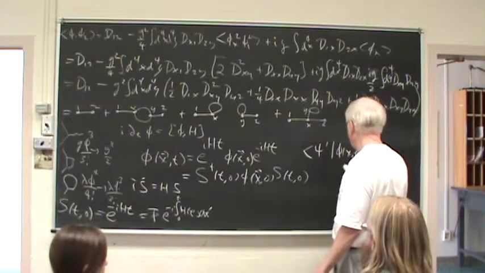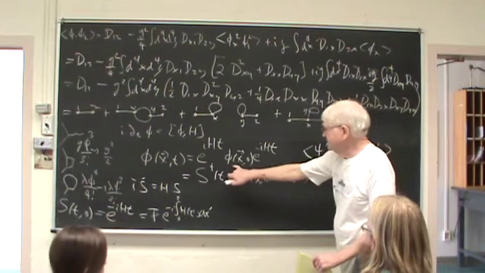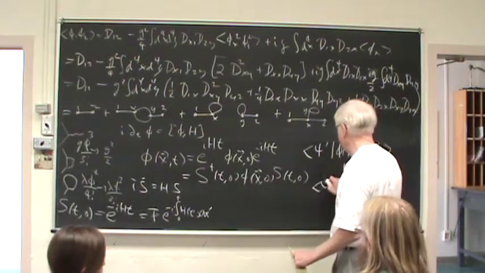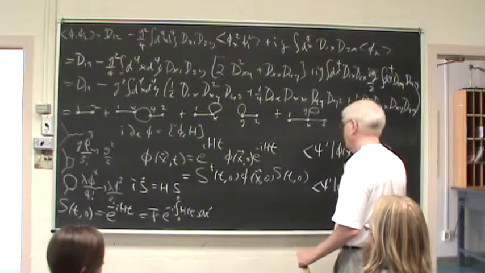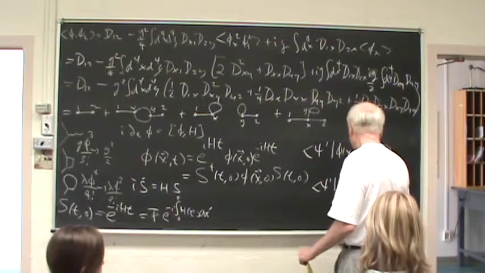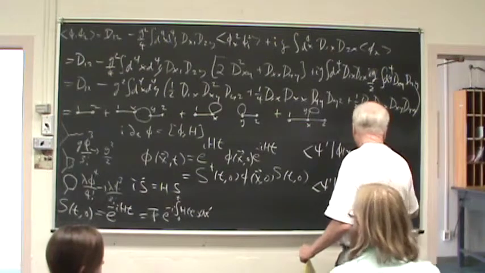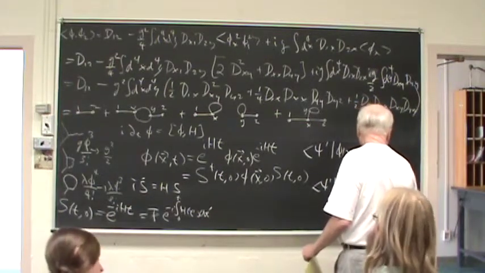Since this goes this way, it would be psi prime e to the i H t, phi of x 0, e to the minus i H t phi.